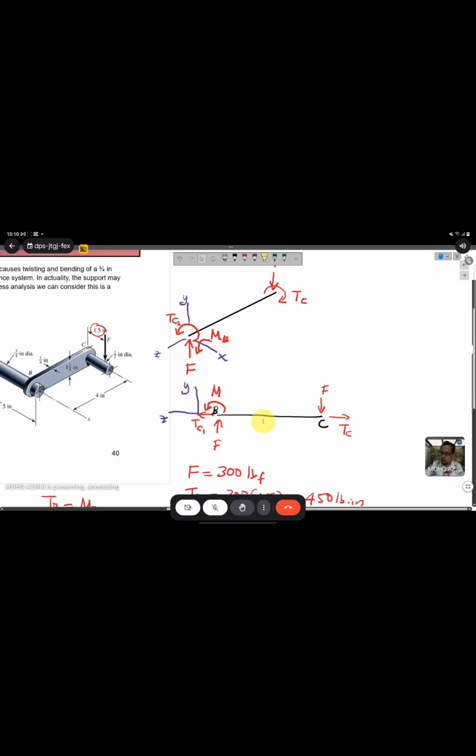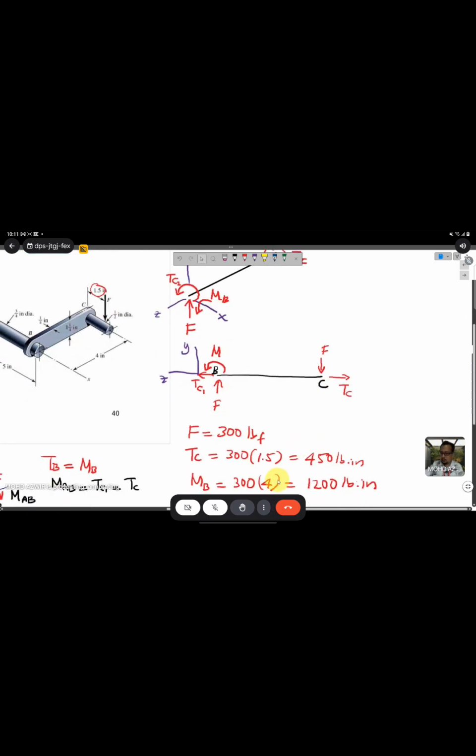So it will tend to rotate in the clockwise direction for this arm. So to make sure this one is not able to rotate, you need to put the bending load here at the fixed location. So that's why M here is actually F times the length of this arm. F times 4, you get 1,200. So that's why you have to put this.